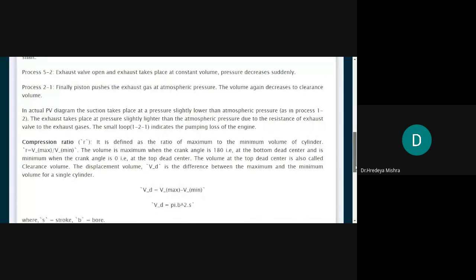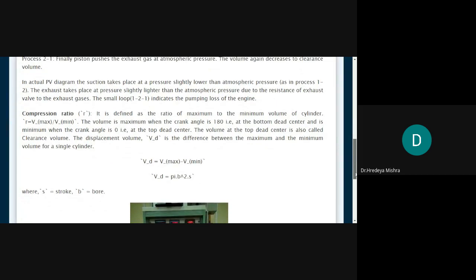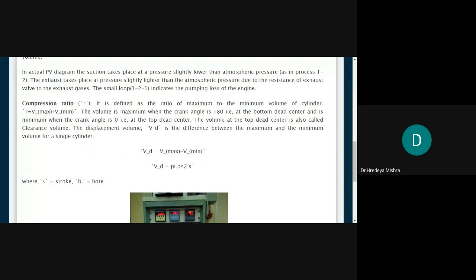Now, if we come to the actual PV diagram, then what happened? In the actual PV diagram, the suction takes place at a pressure slightly lower than the atmospheric pressure.